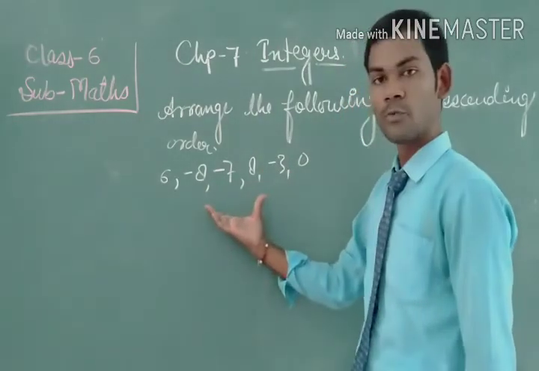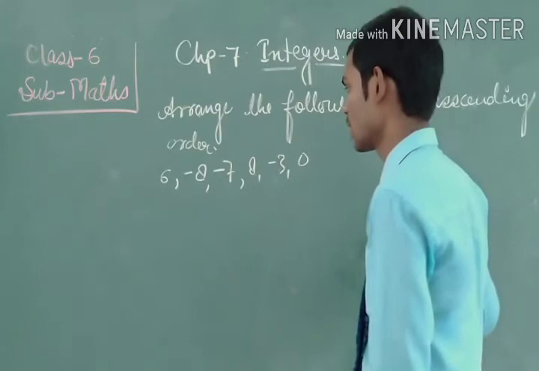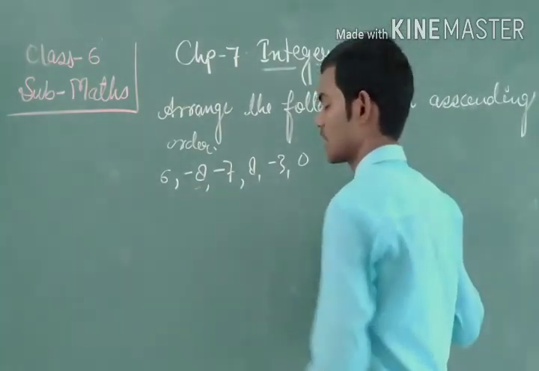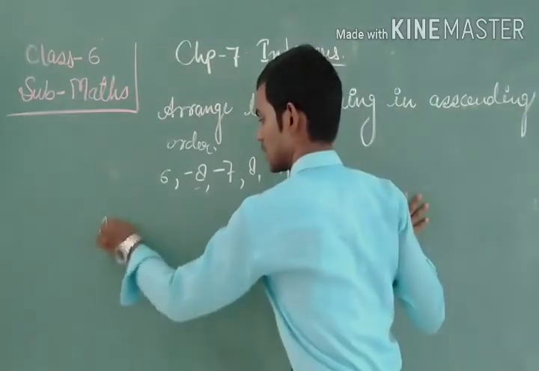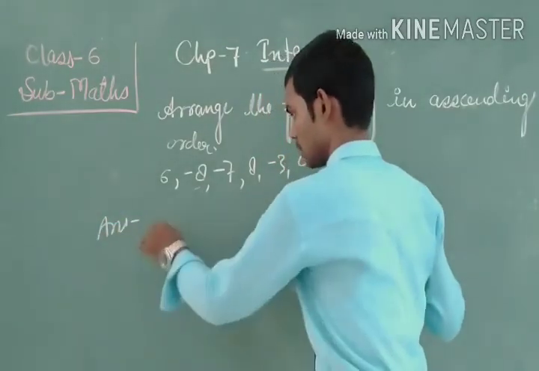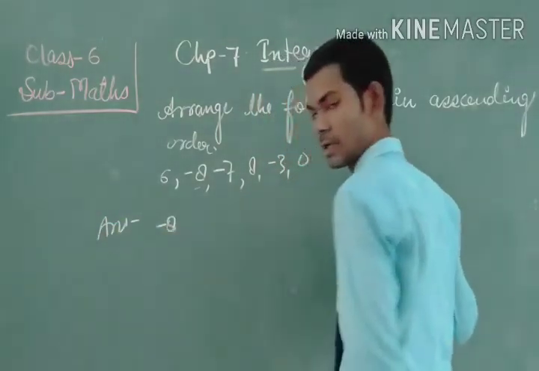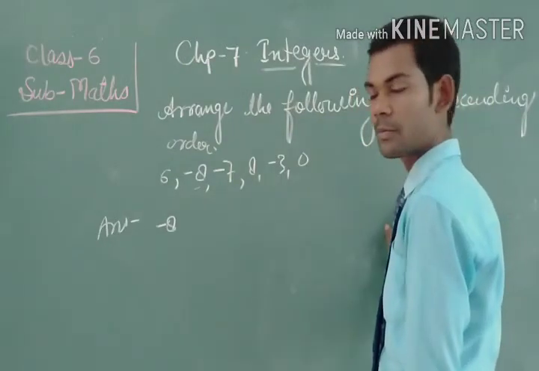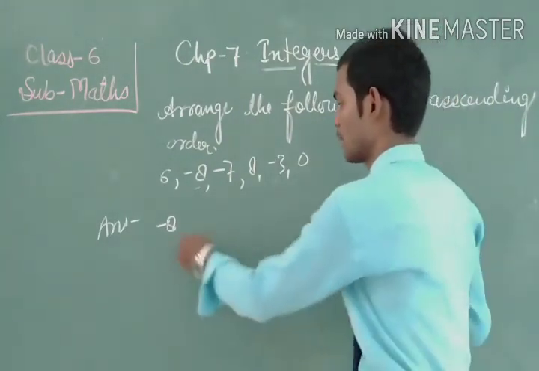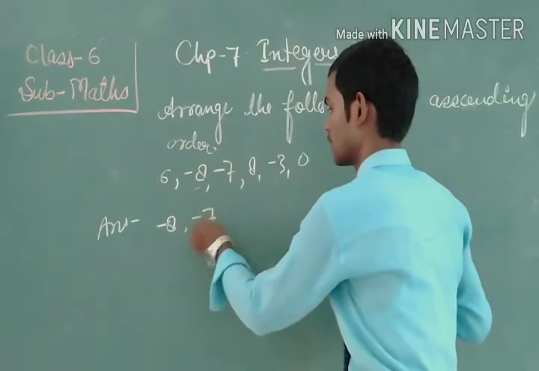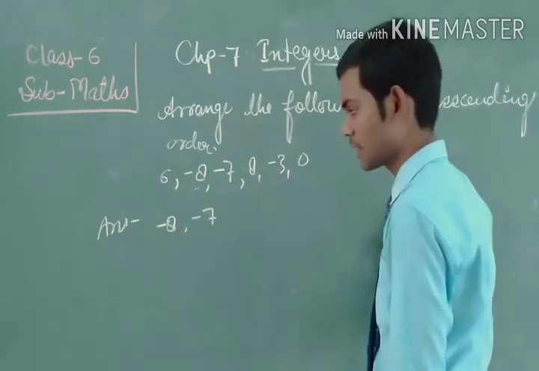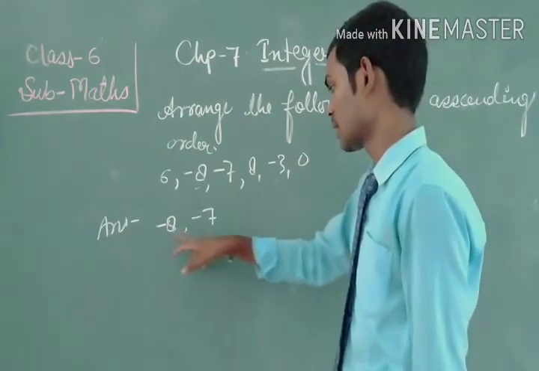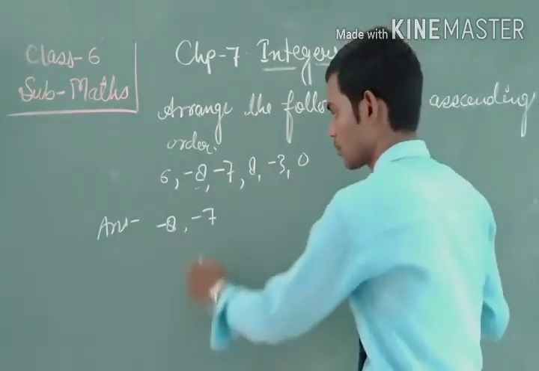So in this data we can see that minus 8 is the smallest integer. So our answer will start with minus 8, and the next greater number after minus 8 is minus 7, because minus 7 lies on the right side of minus 8, therefore minus 7 is greater than minus 8.